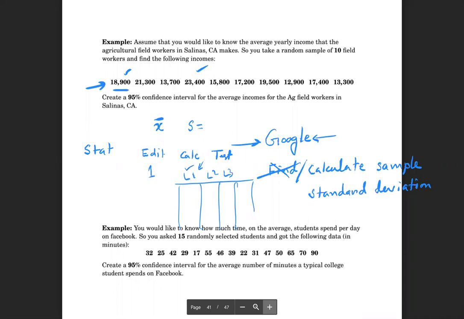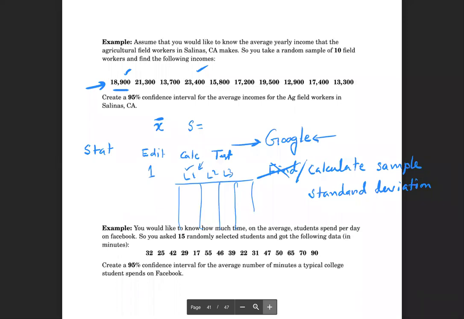Then 13,700. 23,400. 15,800. 17,200. 19,500. 12,900. Then 17,400 and 13,300.